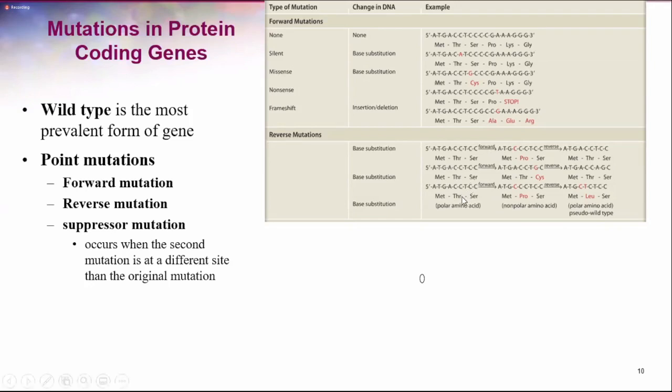And then you can have a reverse mutation where the amino acid that is replaced is chemically similar in properties to the amino acid that it replaced, essentially. And so here we have a threonine, which is a polar amino acid. The forward mutation changed the ACC codon into CCC.